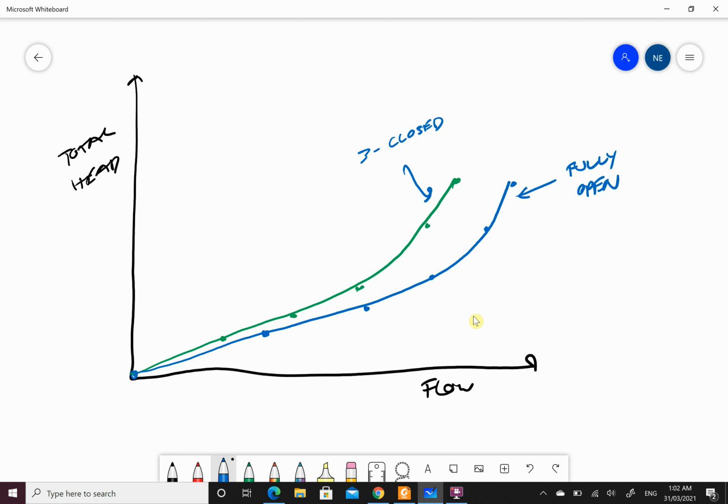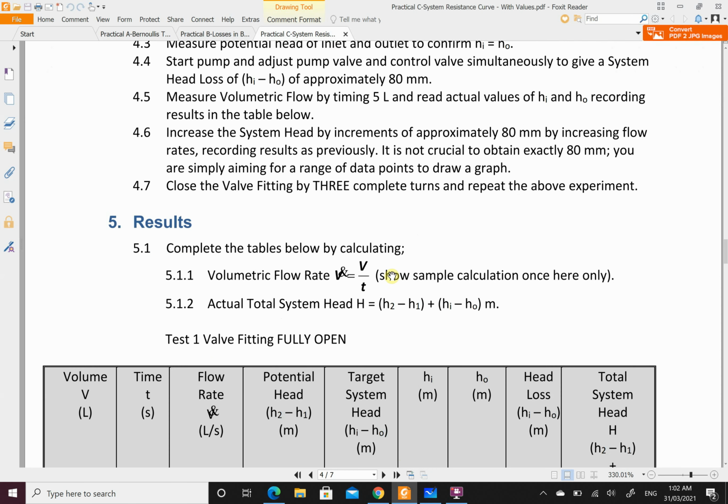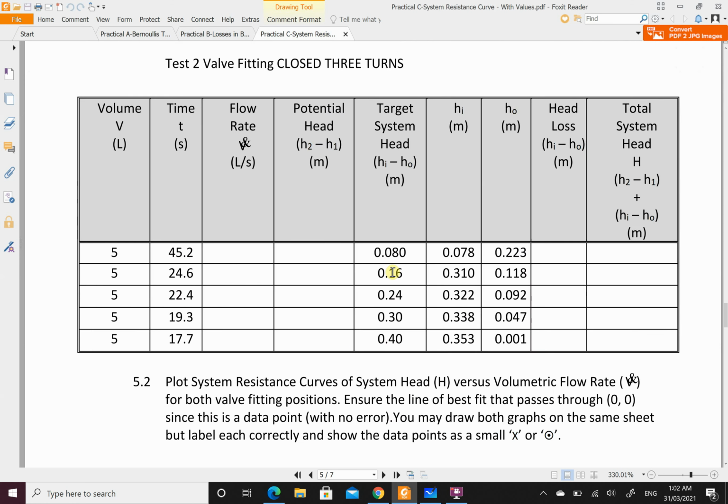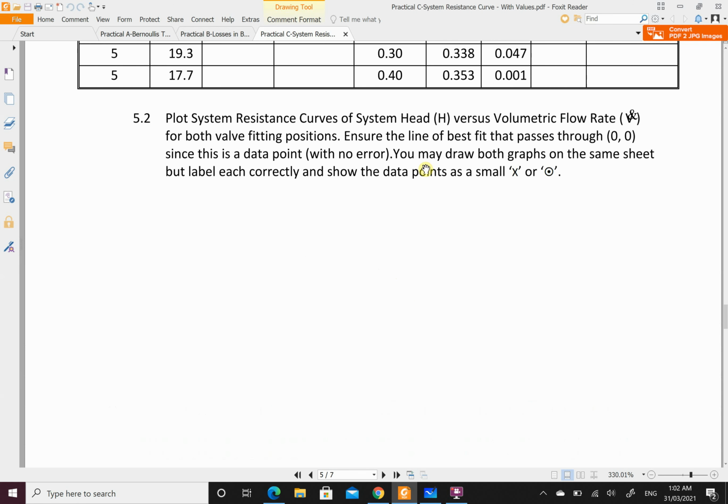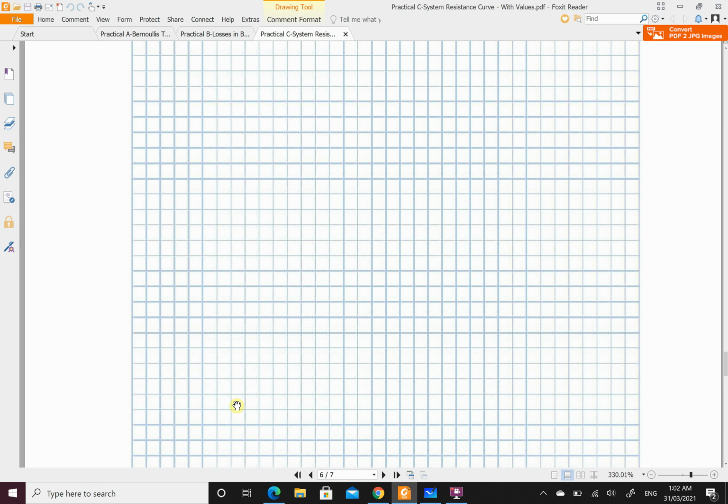So that's roughly how it should look. It's better that you graph them both on the same graph. That way it's a lot easier to compare.